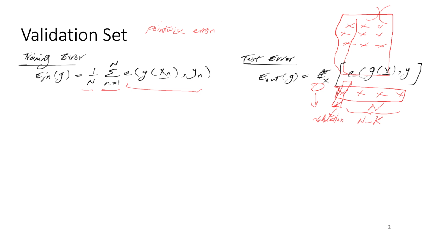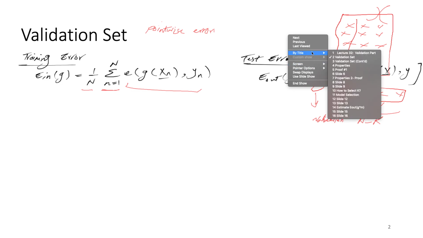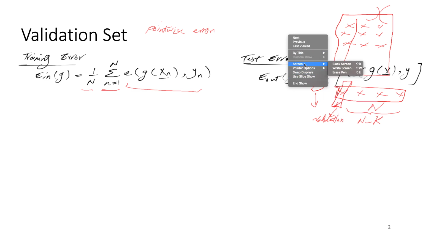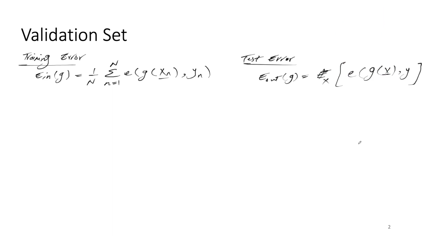Let me just remove that. So, as before, we defined test error, the out of sample error of your candidate G, as the expected value of this pointwise error. This is for the classification case. For the regression case, you would have used squared error, right?